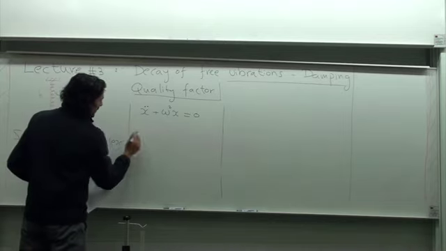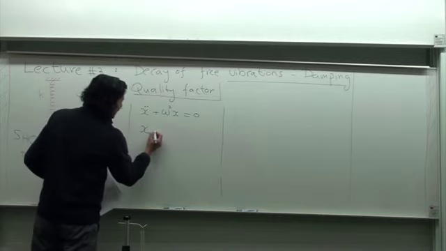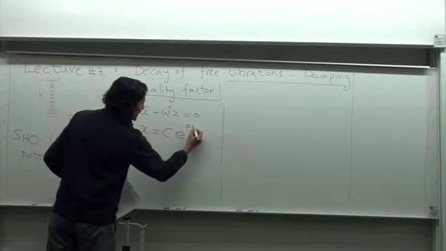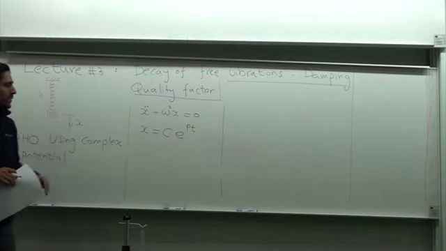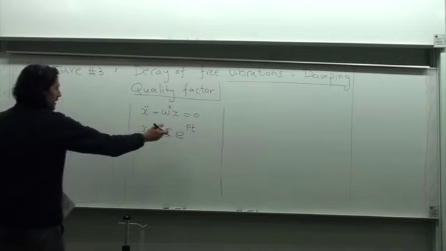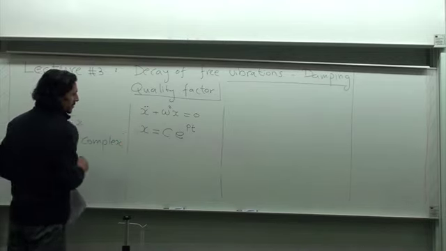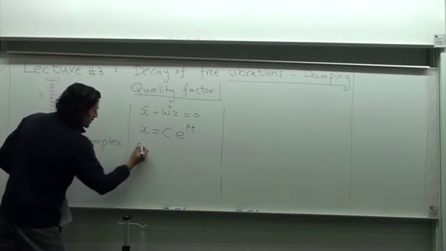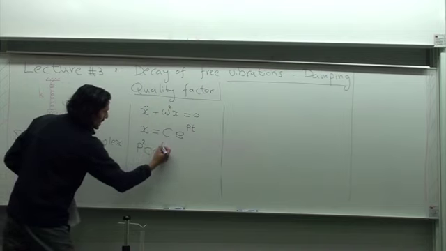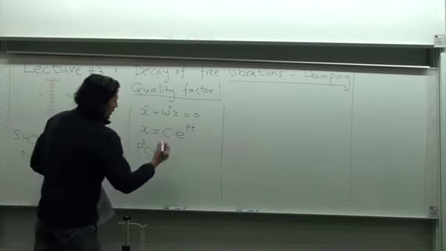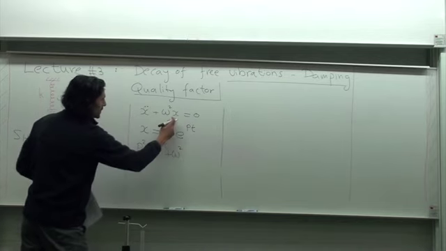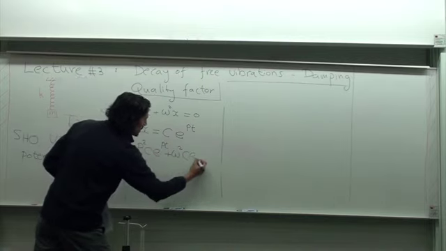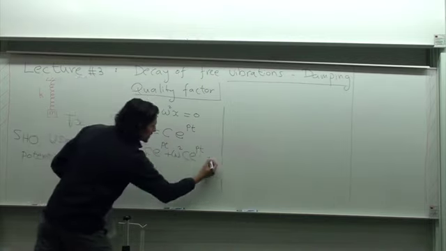I guess a solution in an exponential form to be some constant c e to the power p times t. We plug this solution into the equation and we find p. So let's do that. The second derivative of x would give p squared c e to the power pt, plus omega squared times x, which is just c e to the power pt, equals 0.